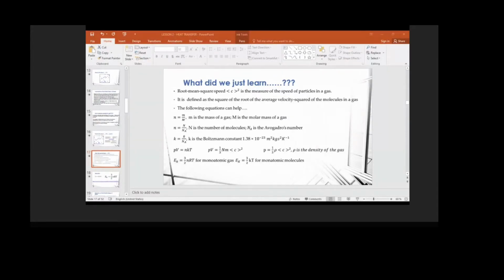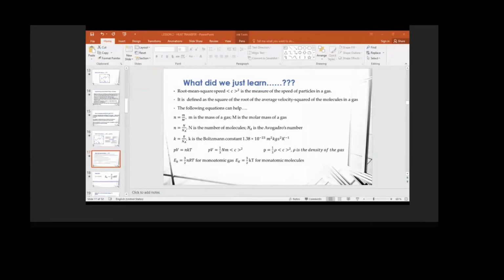So oxygen has a mass of 16, but because it's O2, then it's 2 oxygen, so multiply 16 by 2, and we get the molar mass of oxygen gas, which is 32. So the small m is the mass of the gas that you measure with a balance. The big M is the molar mass, depending on how much element is there and the mass that is on the periodic table.